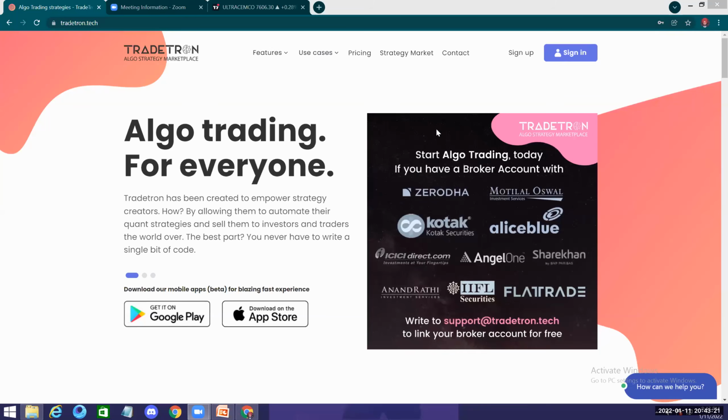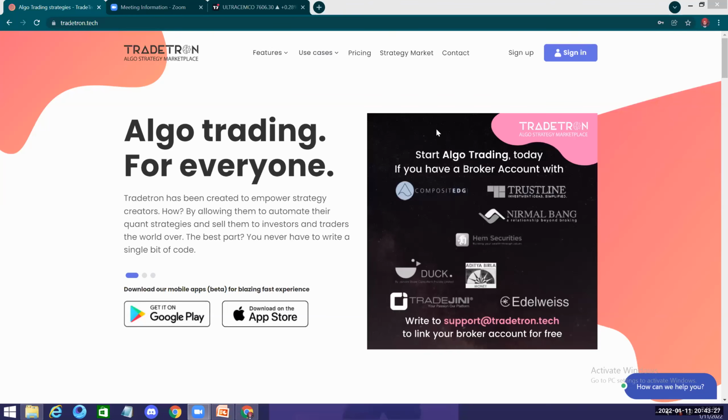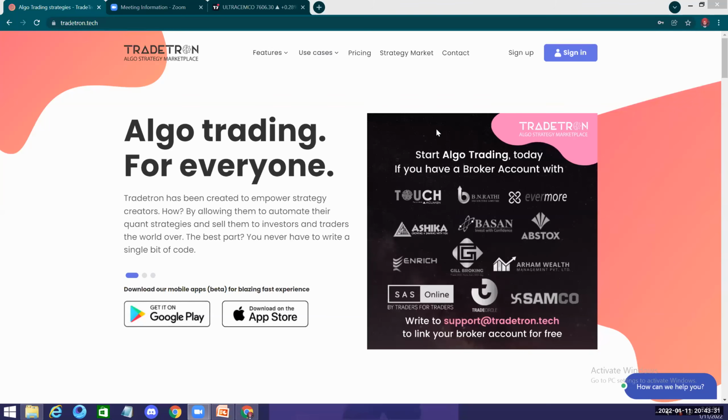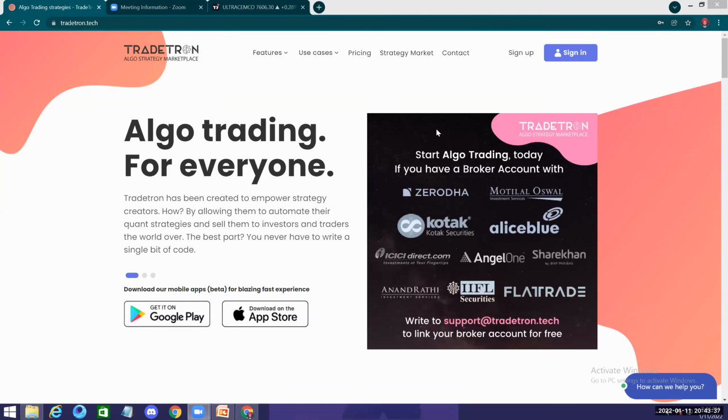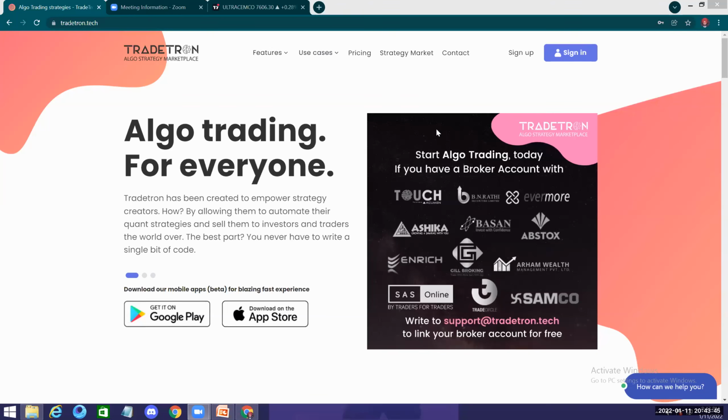Out of them, recently Kotak Securities has made a lot of changes in their platform, like Zerodha. To be honest, they have 2 trading platforms right now, and I have both software downloaded on my mobile. The newer one looks a little fancier, but I'm very comfortable using the old platform.